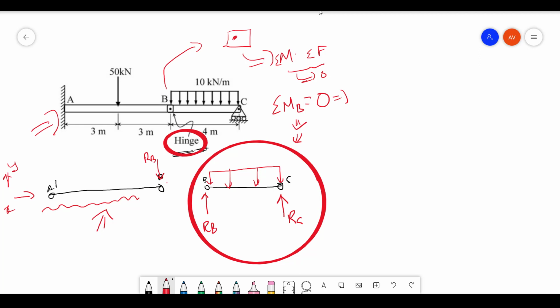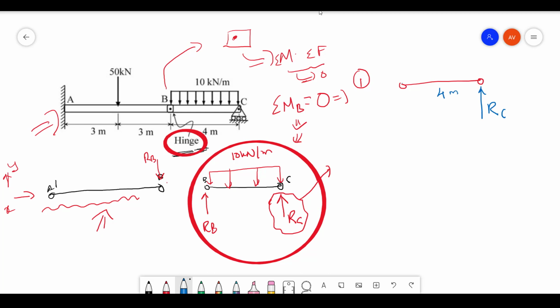Now, considering first the moment of RC. You have RC and the length is 4 meter.